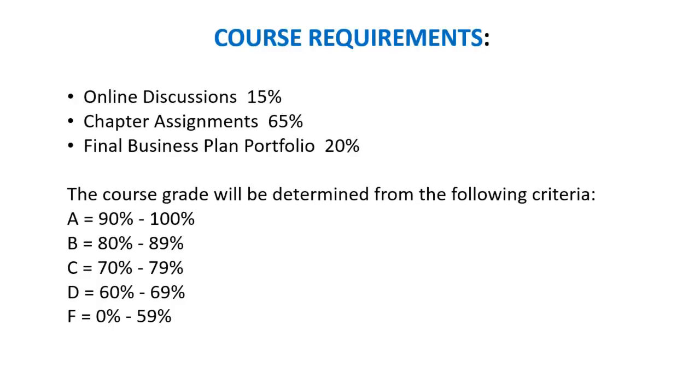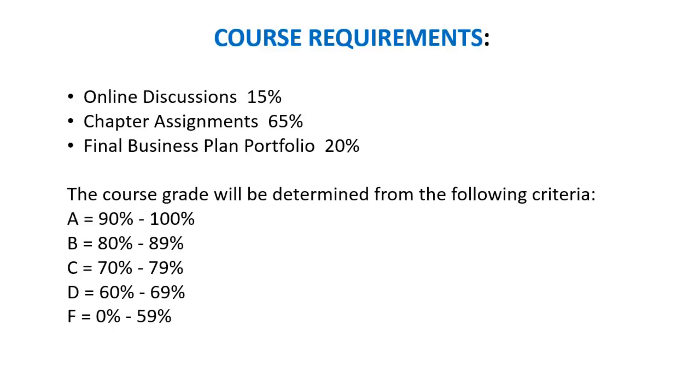Now, looking at course requirements, first we have online discussions that you'll be doing, and those are worth 15% of your grade. With online discussion, students are required to complete a write-up on the discussion topic given for each chapter on the Blackboard forum. An original post must be 100 words long, and students must respond to at least one other student's discussion post with a 75-word response.